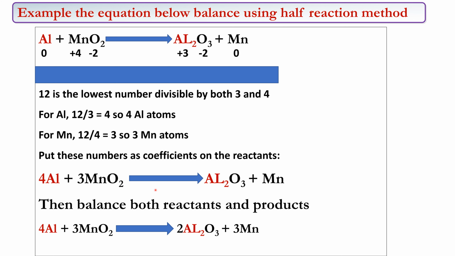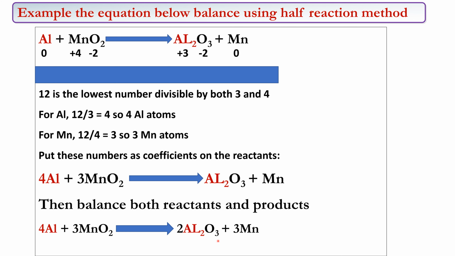But the equation is not yet balanced. So the last thing you do is to add coefficients so as to make the equation balanced. So we have 4 aluminium here. Here we have only 2. So to balance it, we need to add 2 here. So if we add 2, we will have 4 aluminium here, 4 aluminium here.